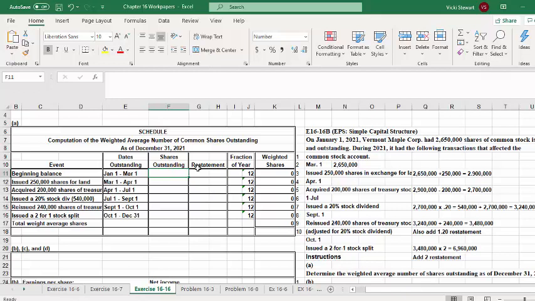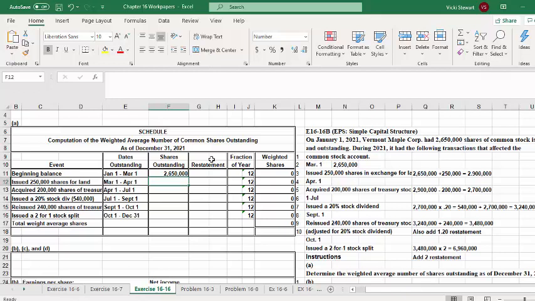So we're going to start off at the beginning of the year with the shares that were outstanding at January the 1st, which the problem states is 2,650,000 shares.